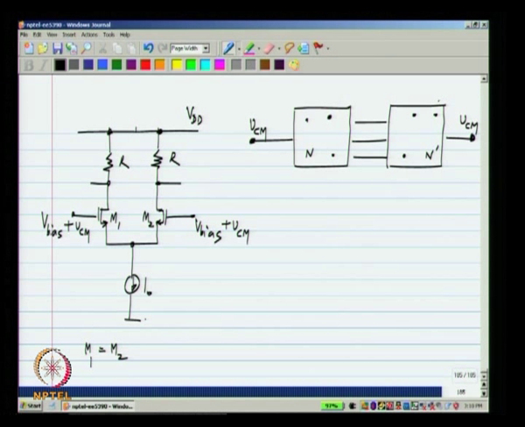Okay. Now, by symmetry it is clear, so some of these could be tied to ground and there could be some components here as well, but by symmetry it is clear that, let me number these nodes 1, 2, 3, 1, 2, 3. The voltage here will be the same as the voltage there, the voltage here will be the same as the voltage there, and the voltage here will be the same as the voltage there. Okay. In our circuit we have only one such node, so the voltage here and there will be the same.